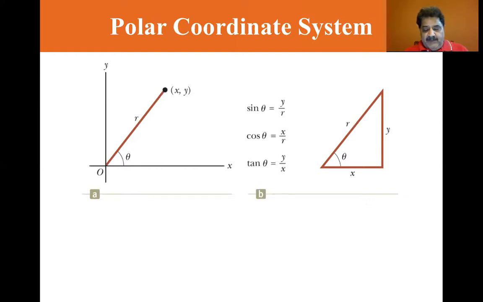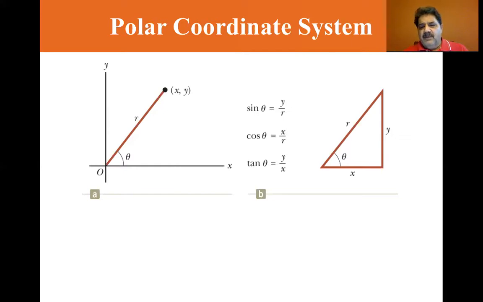That is it in polar coordinates. If you look on the right, you see the basic right triangle, where R is the same R as on the left, the radius from the point of origin. It has components: an X component horizontally and a Y component vertically.